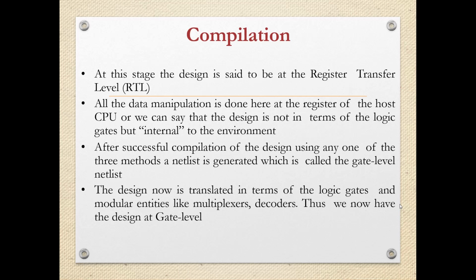After successful compilation of the design using one of the 3 methods, a netlist is generated which is called the gate level netlist. And the design now is translated in terms of logic gates and the modular entities like multiplexers, decoders. Thus, we now have the design at gate level.